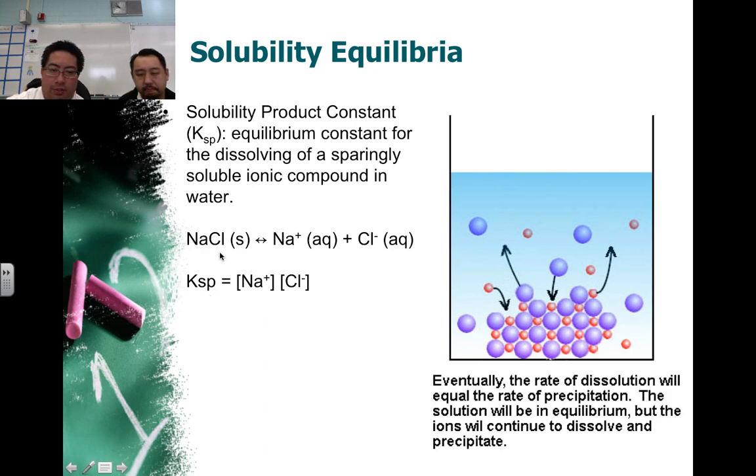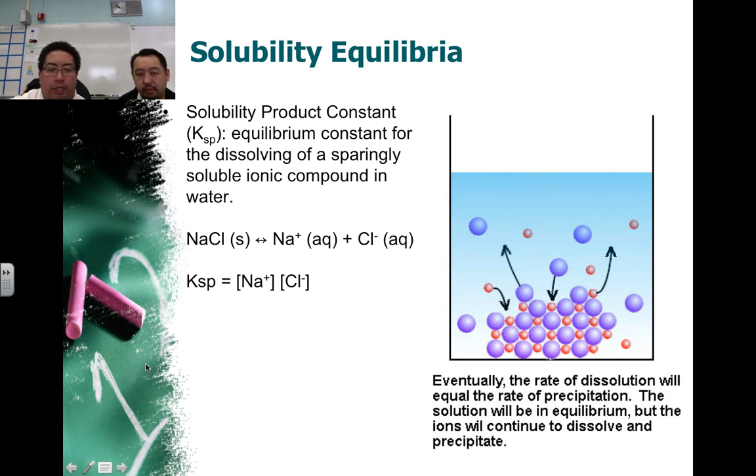For NaCl, the solid, there's an equilibrium that would exist between Na plus and Cl minus if we added enough beyond saturation. You just multiply the molar concentrations of the individual ions, and that would be your KSP value.